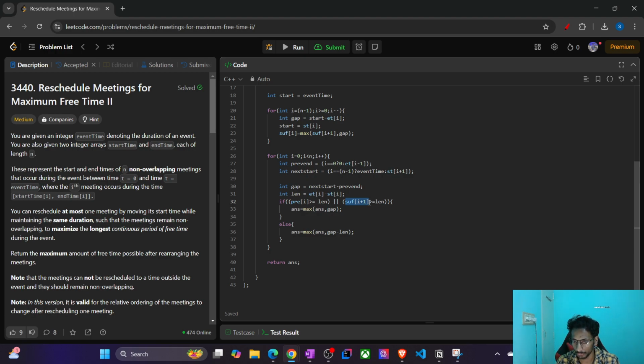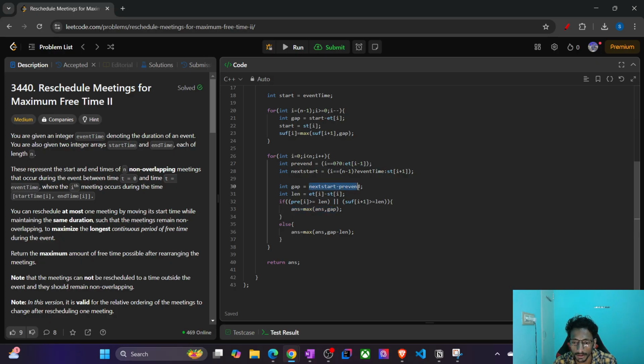Got it? Because I have stored it in this way, I have to find out whether there is any greater gap, that is, whether the gap size is greater than the current length on the right of the next event, right? So that's why the suffix array of I plus 1, next event, greater than or equal to the length, then I can shift this. So that time our answer will be compared with the current gap.